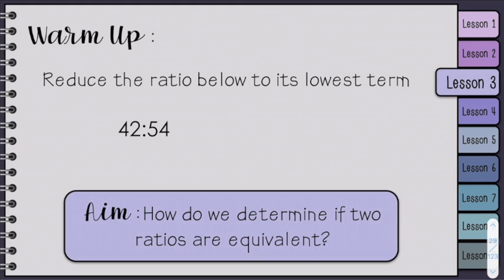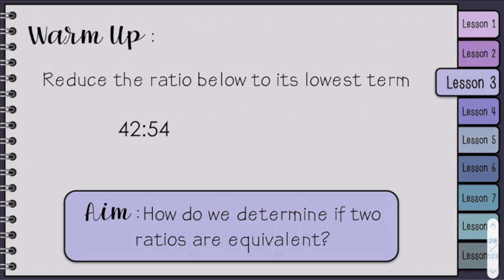So our first part, which is our warm-up, is going to be reduce the ratio below to its lowest terms. So we have to take 42 to 54 and simplify it. In order to do that, we want to find our greatest common factor between 42 and 54.